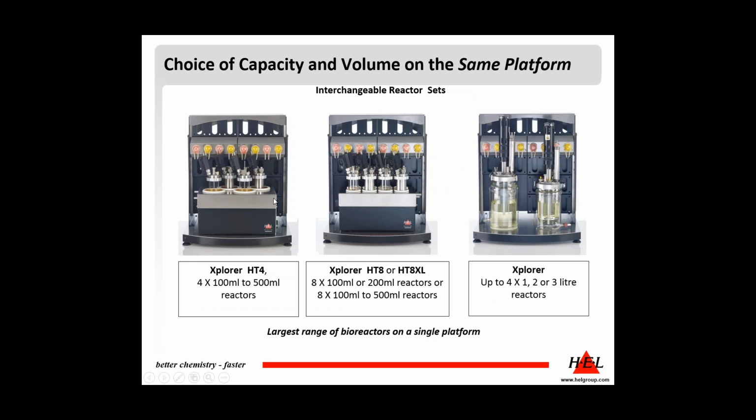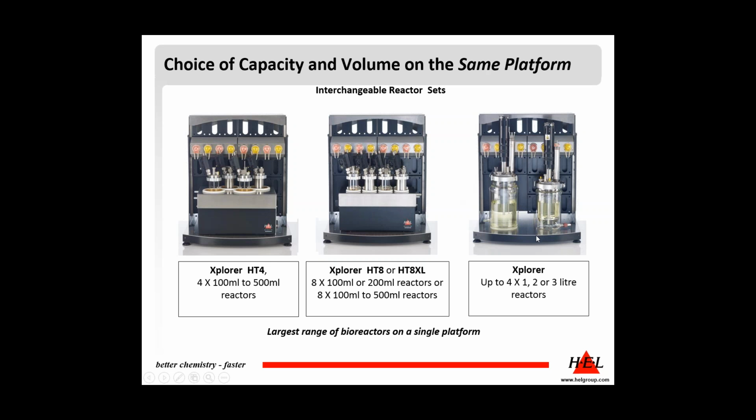So this just demonstrates the blocks positioned on the frames. So we have the 4 version, the 8 version, and as I've said previously, it is possible to have litre scale systems on the platform. Now the advantage of this is you can reuse many of the electronics and of course the software and liquid feeds and gas feeds on litre scale systems as you do on the miniature bioreactors, so you can interchangeably swap both blocks, sizes of vessels and litre.